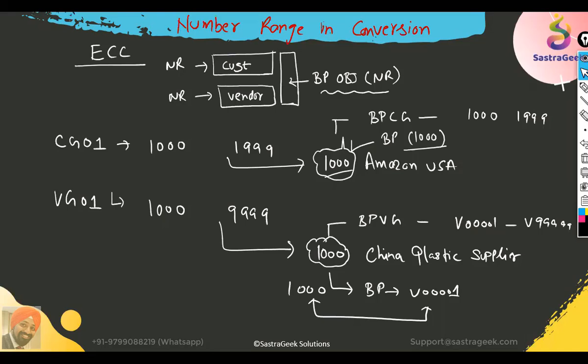There you need to have that mapping, which business partner is coming from which system, which landscape it is coming from. But in this concept, we are talking about a single SAP S/4HANA system. Within a single SAP S/4HANA system, how your business partner would be linked with your customer and vendor. So here the mapping would not be required.